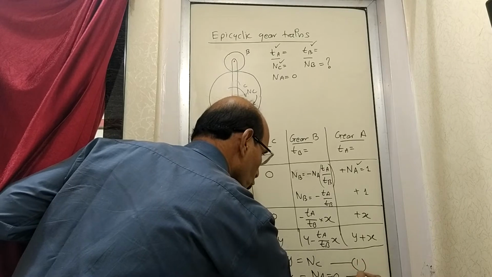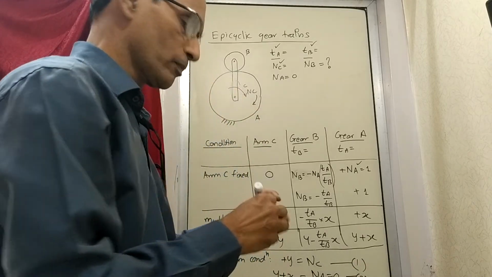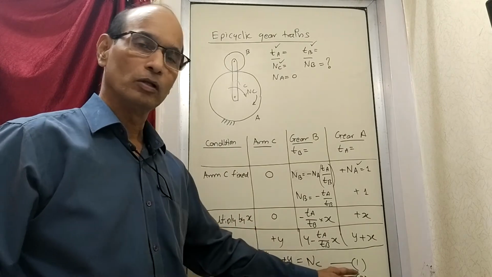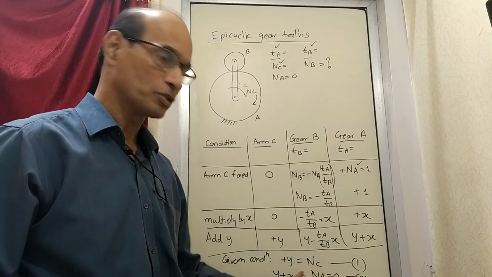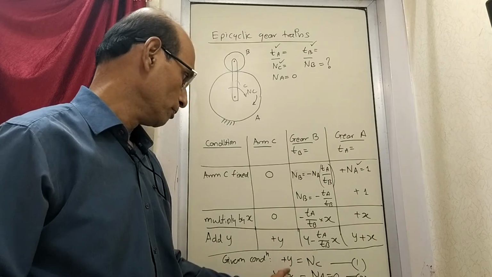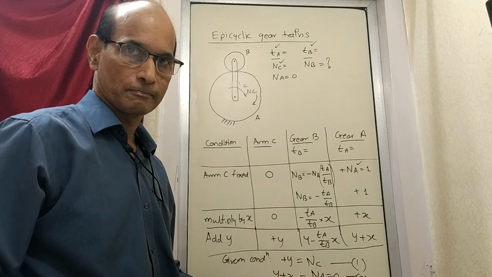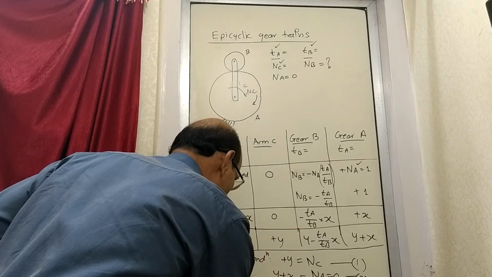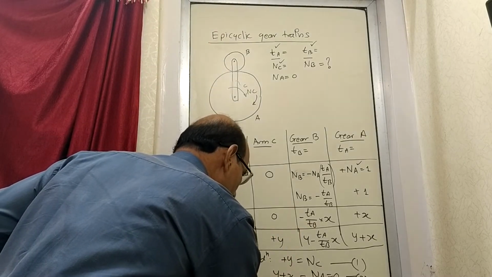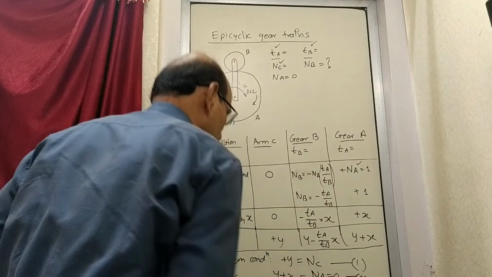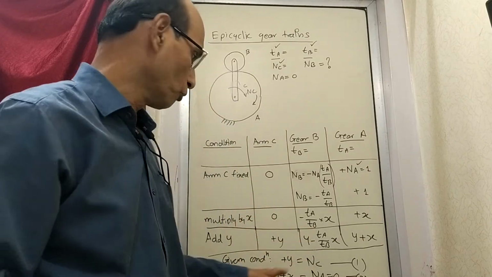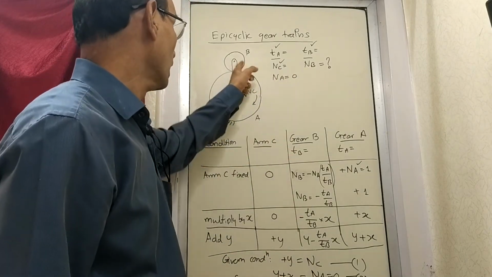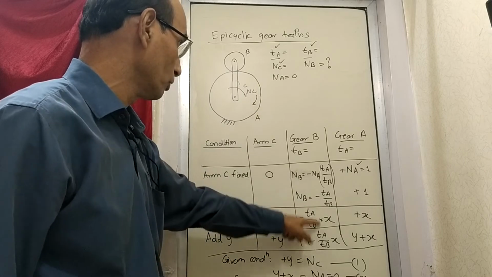So we are having two simultaneous equations. There are two unknowns, X and Y, and these are the two equations consisting of X and Y. So you will be able to solve these equations and find out the values of X and Y. Once you know what X is and what Y is, then you go back to the speed of B, because we want to find out the speed of B. How this B is going to move, that is what we want to know.